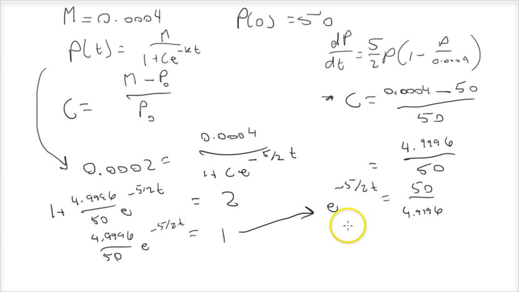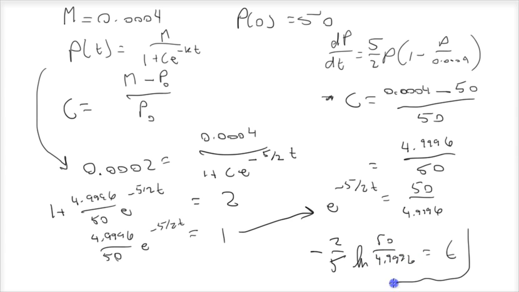So we take the natural log of both sides, and then this will become an exponent, and then we can divide by the negative 5 halves, and that all will give us t equal to negative 2/5 times the natural log of 50 over 4.9996, and that is the time at which the population is going to be half the carrying capacity.